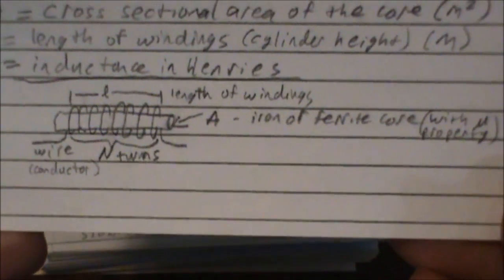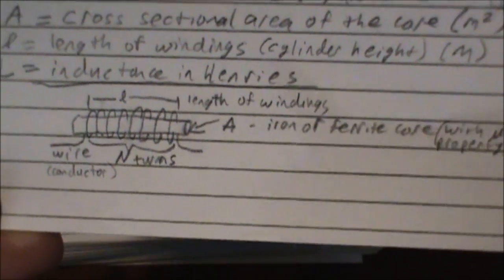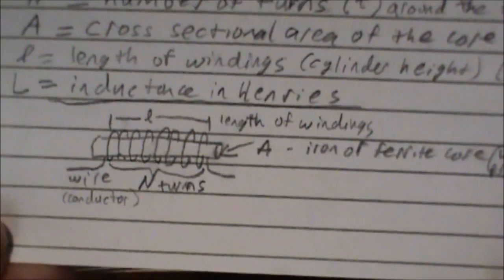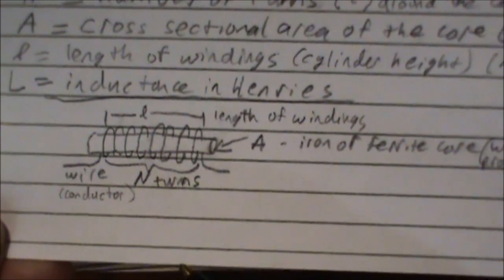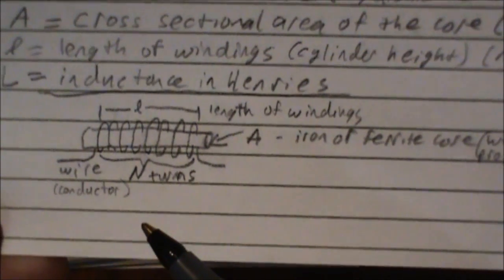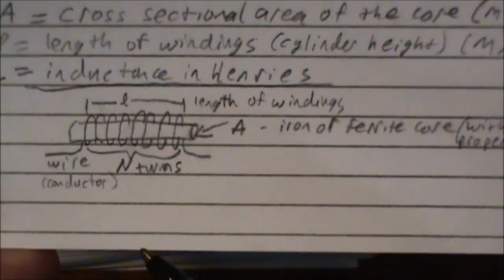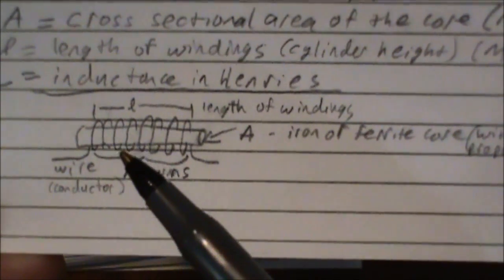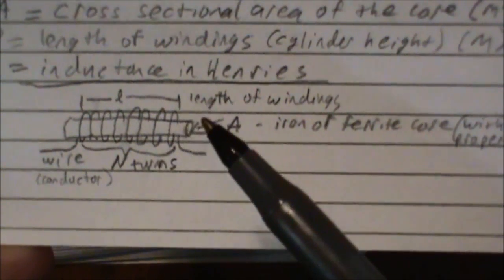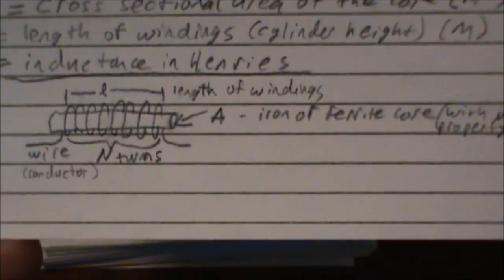In fact, I went ahead and made myself a little drawing of what I just described. There's L, the length of the windings. There is our wire, which is our conductor. And this is enameled copper wire, so that each turn of the wire is not making physical contact with itself.